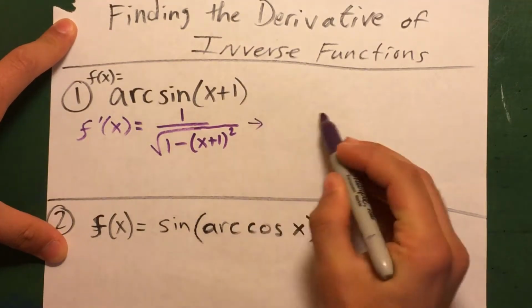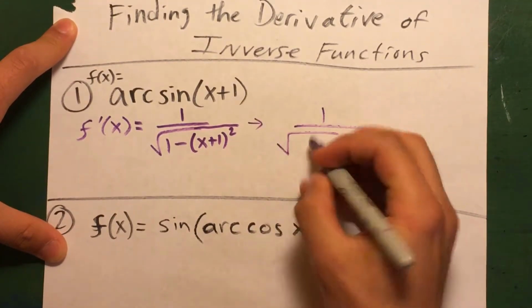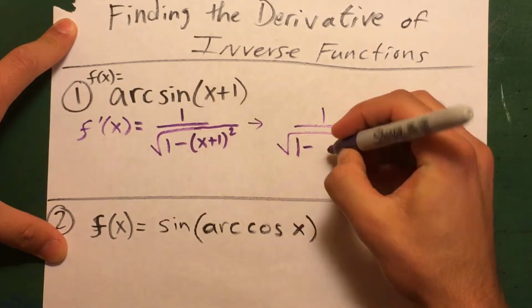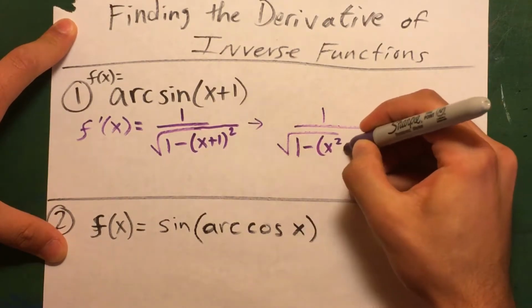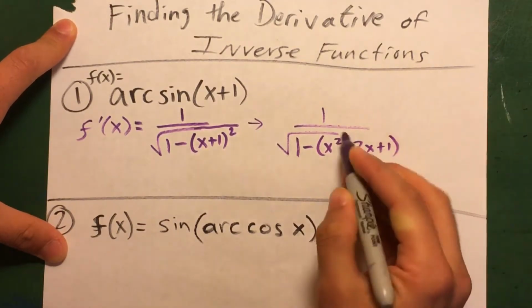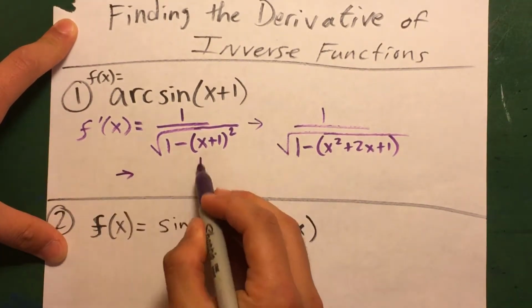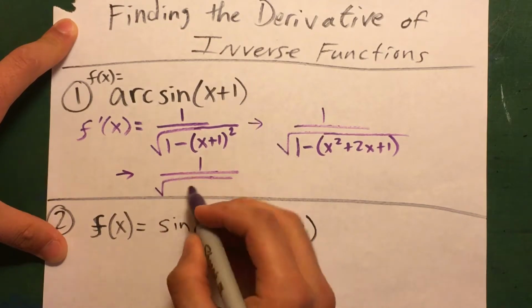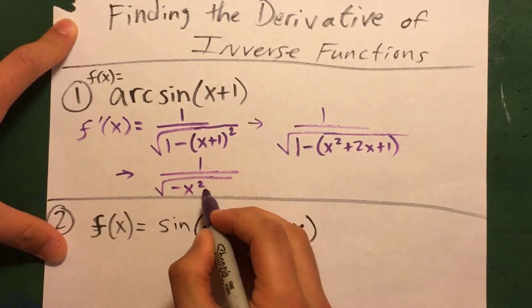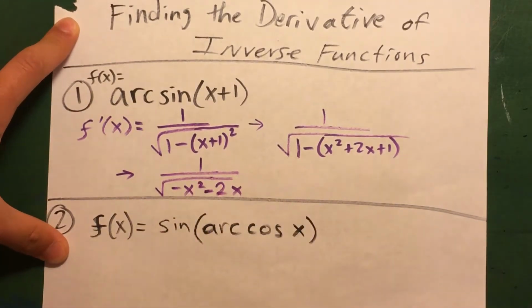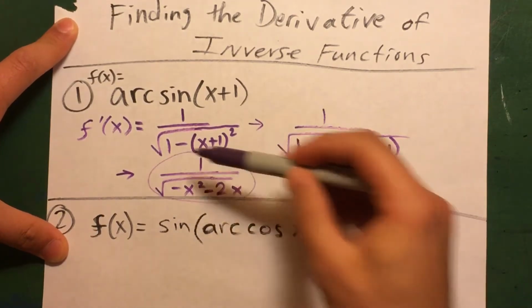Then you can simplify and end up with 1 minus x squared plus 2x plus 1. If you simplify even more, you would get 1 over the square root of negative x squared minus 2x. That would be your final answer.